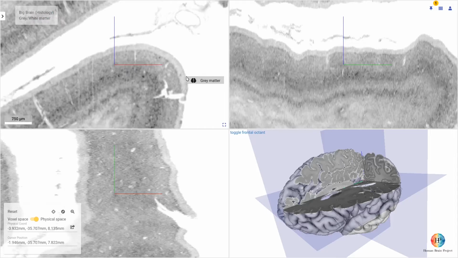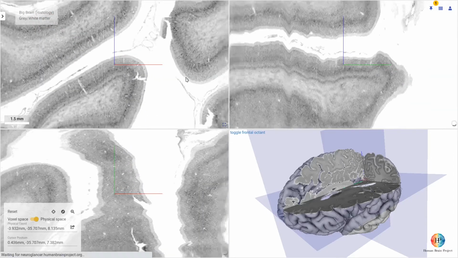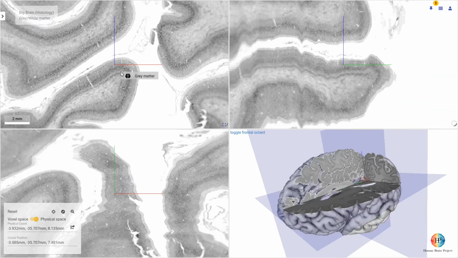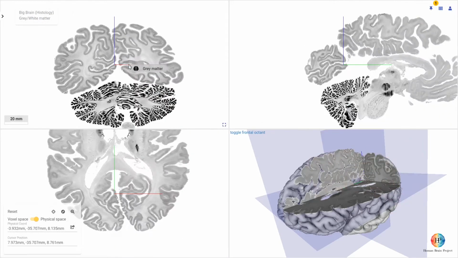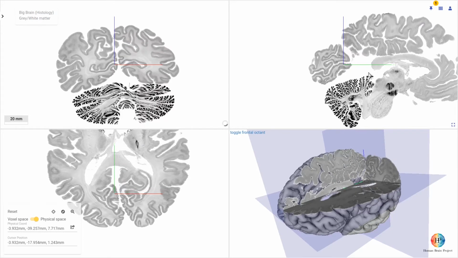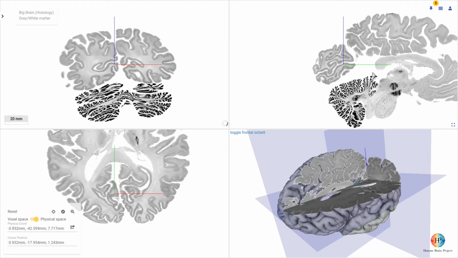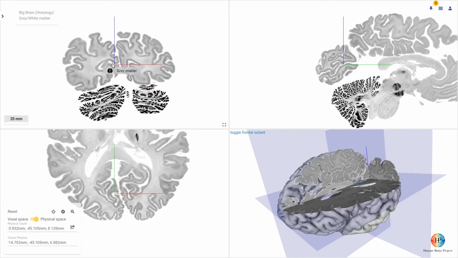So to see it again from a distance, the stripe, there you have it, gray, white, gray. So we zoom out and proceed to see what the brain looks like from the back. So that is occipital lobe because of the calcarine sulcus or calcarine fissure.